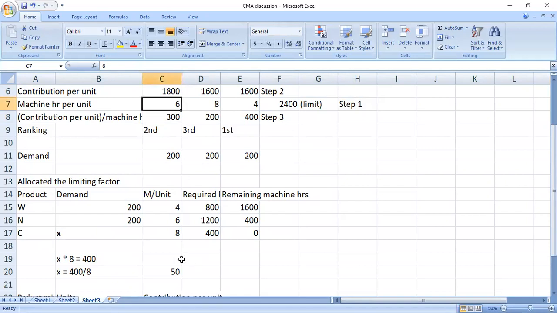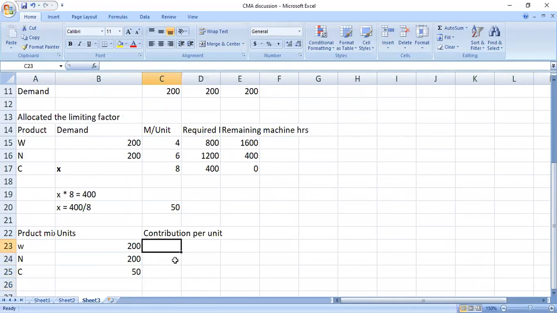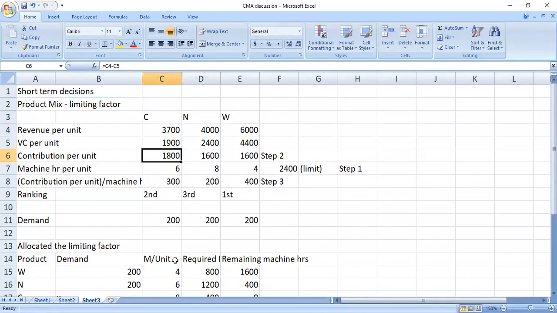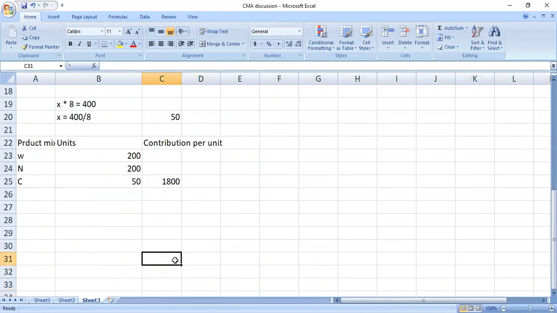So you bring these contributions that you already have. For C it is 1,800. Is it C or N? I think it's C. Yeah, 1,800. For N, it is 1,600, and so is W. These ones are from your workings.